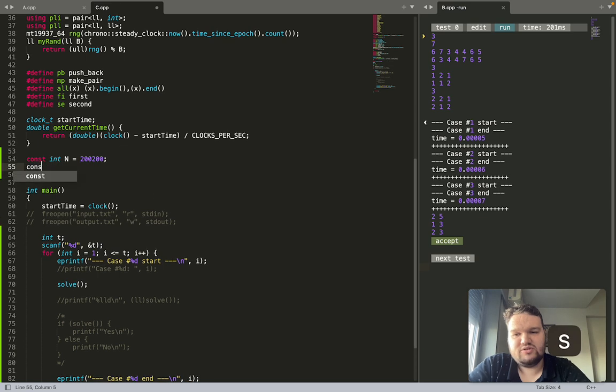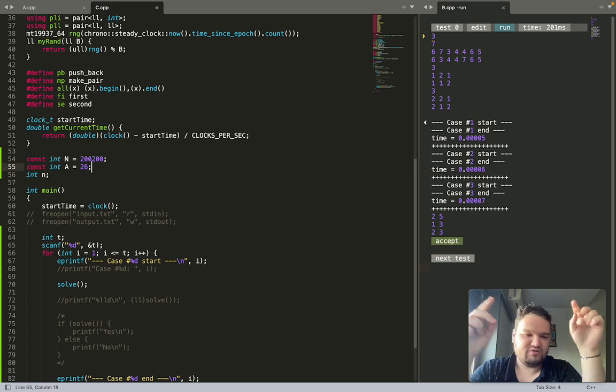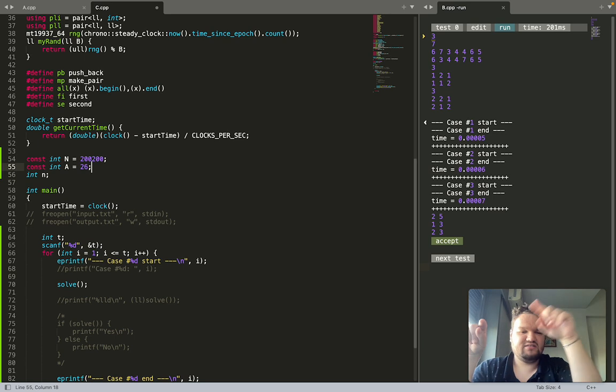Okay, how to implement that? For all the characters, I will store the positions of all the occurrences of that character, including imaginary occurrences at -1 and n, so in the borders.